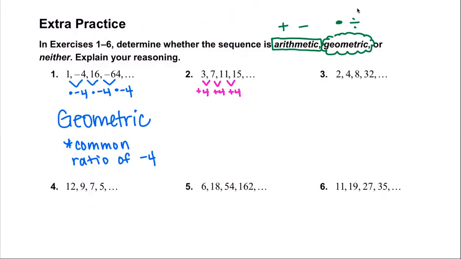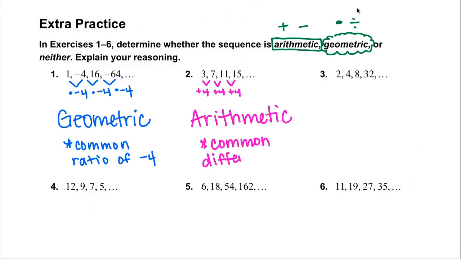So since we are adding the same number over and over, this is an arithmetic sequence because we have what we call a common difference of 4. So we are looking for, are we adding the same number over and over or subtracting? Are we multiplying or dividing the same number over and over?